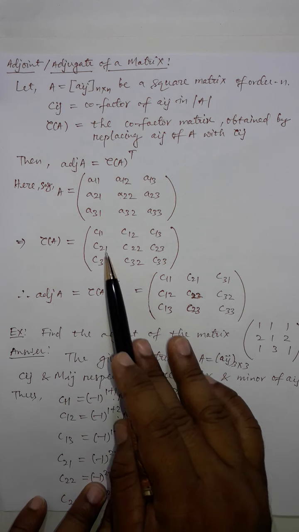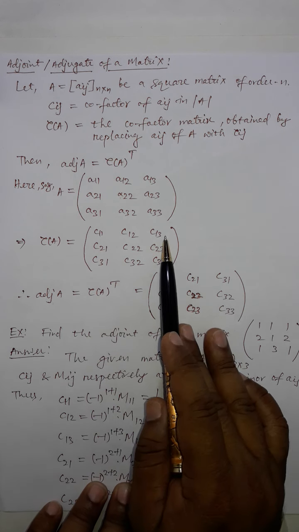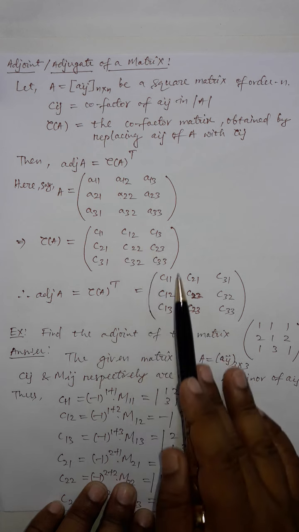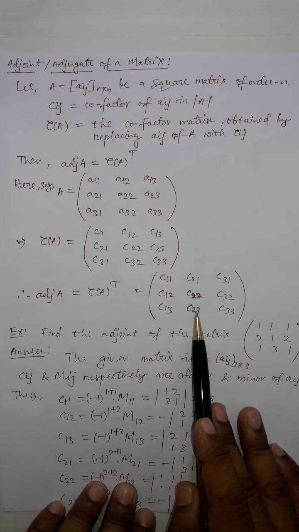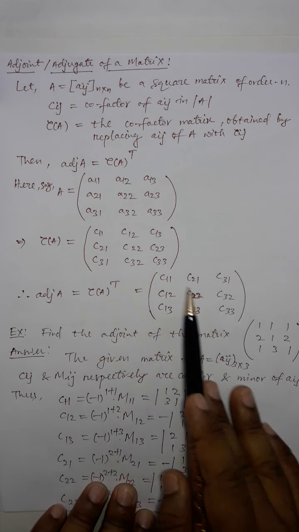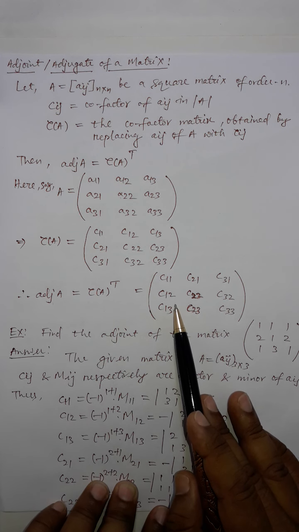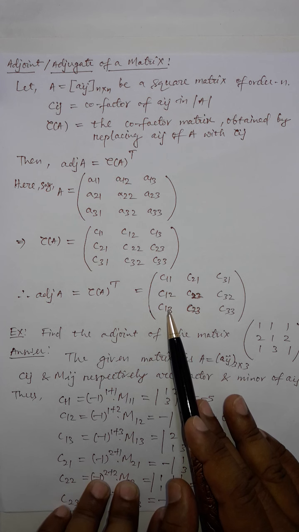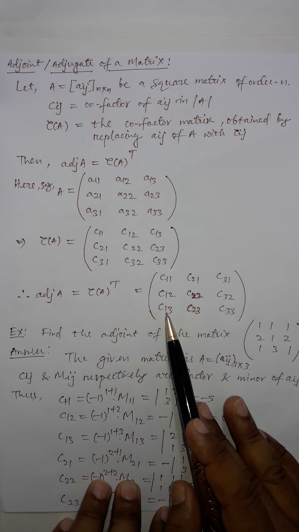That means we have to make the rows into their respective columns. Row 1 will become column 1, row 2 will become column 2 and row 3 will become column 3. In that way, we are getting the adjoint of a matrix. So the formula and calculation of the adjoint of a matrix is very simple.